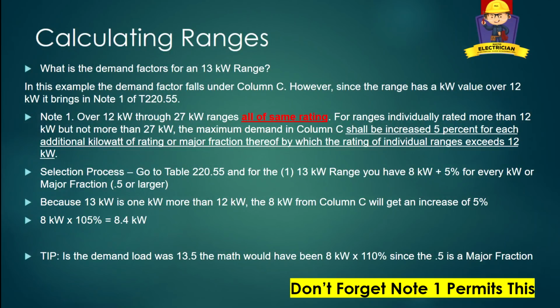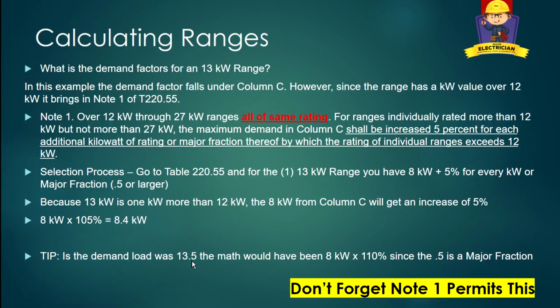All right, so since we did that, we're going to take 8 kW, that was our maximum demand, times 105%. Now that 5% is for the fact that 13 is 1 kW larger than 12. I could do this a couple different ways. I like to do 8 kW times 105%. And I always add if it was a major fraction.